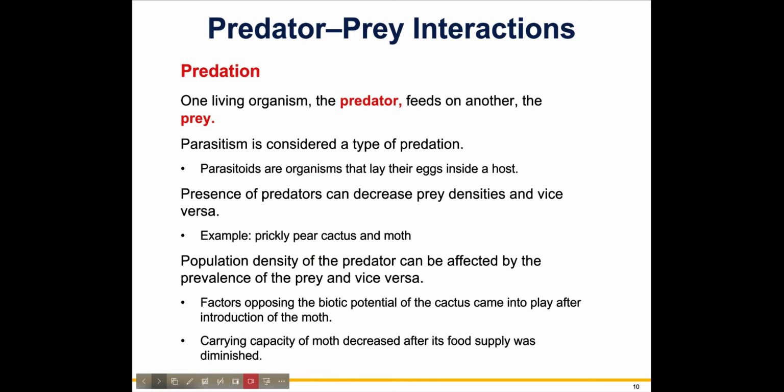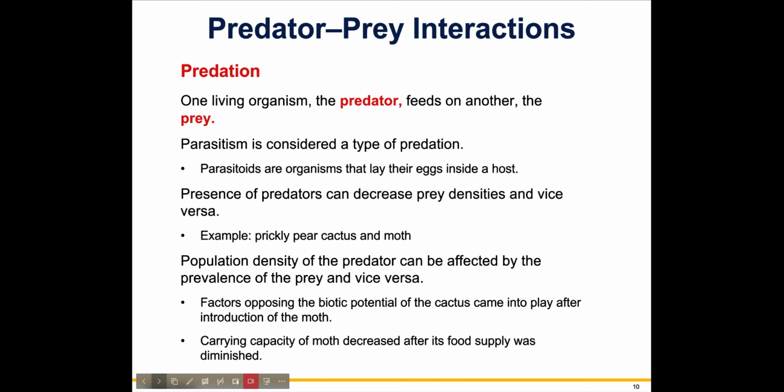So then one of the most famously studied interactions in our communities is predator and prey. So predation is just one living thing, the predator, eating another. And we think of this as like a wolf eats a deer, but it's also the deer eating a plant. And parasitism is a type of predation.